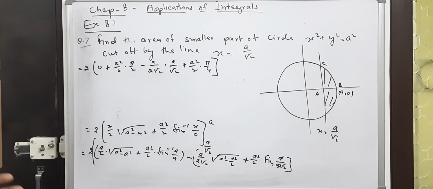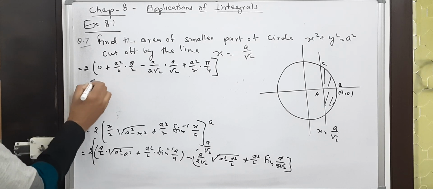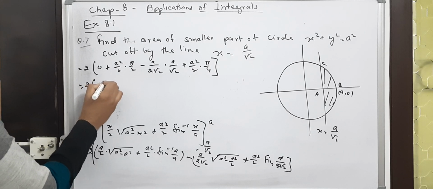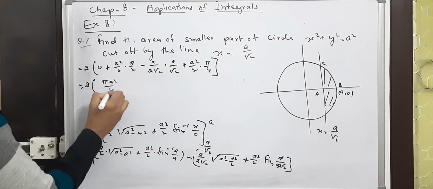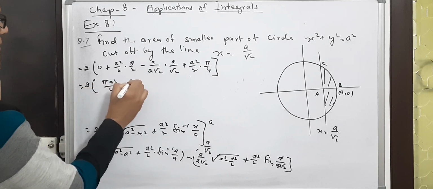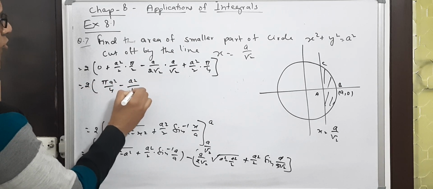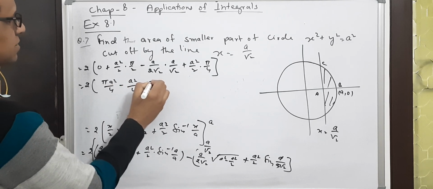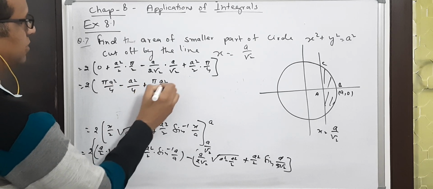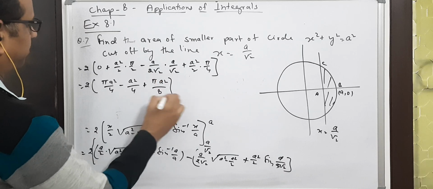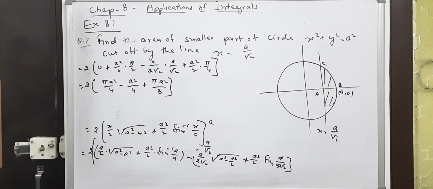Please see this part nicely. Now it is 2 pi a square by 4 minus a square by 4 plus pi a square by 8. See this part.